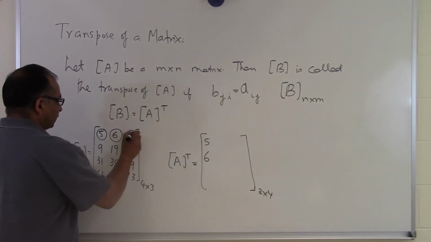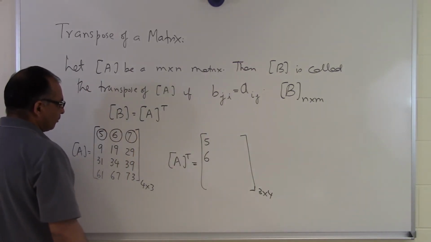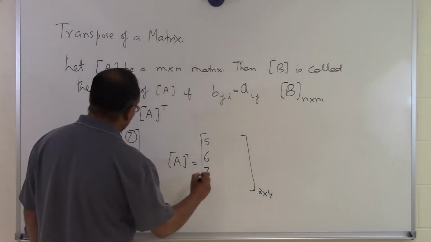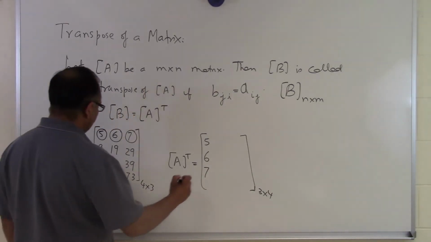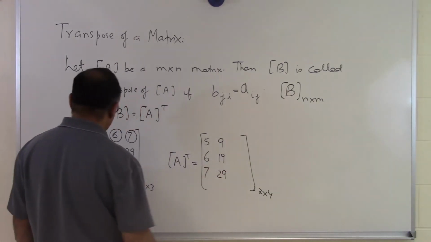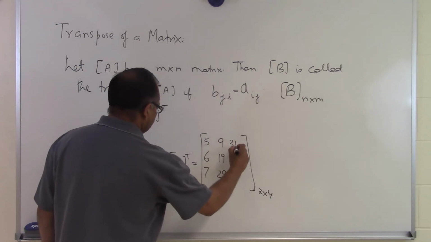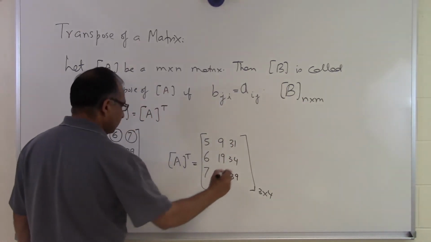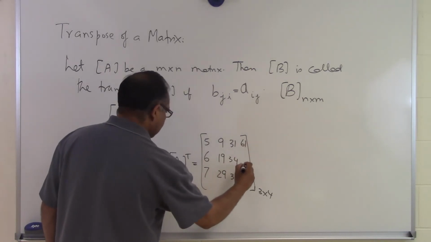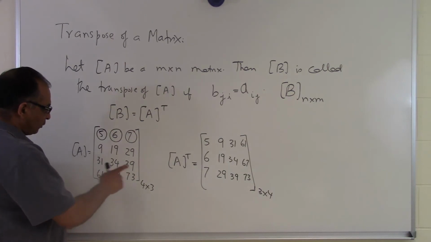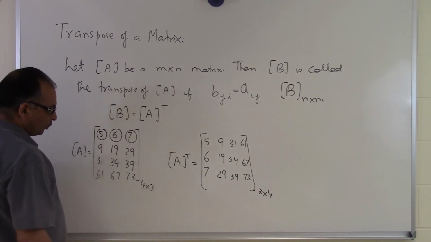And this one is the first row, third column, but in the transpose it becomes the third row, first column, so that will be a 7 right here. So you can see that this will become 9, 19, 29, 31, 34, 39, and then 61, 67, 73. So that's how the transpose of this particular matrix is going to look.